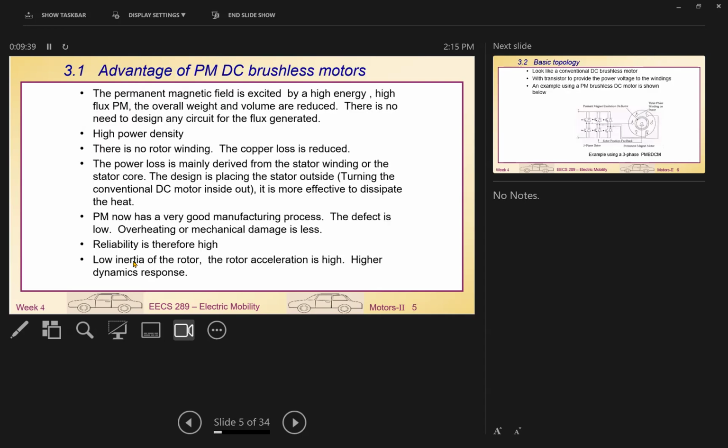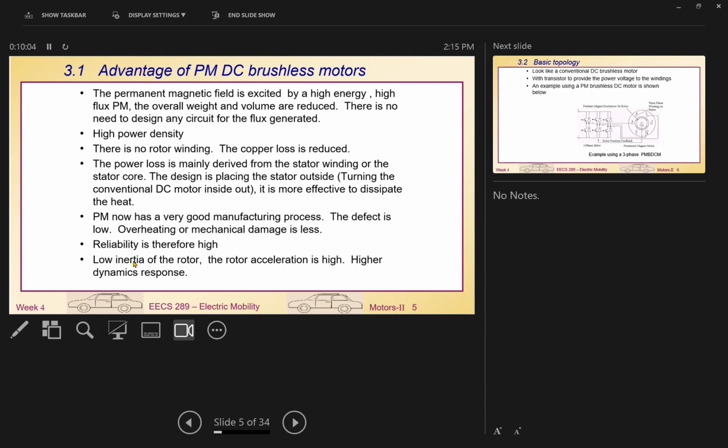So the key advantages of PM, I think you all know by now. High power density, we don't need any rotor winding. The rotor itself will become a PM. We stick the PM into the rotor.